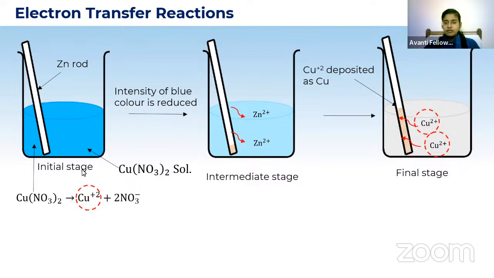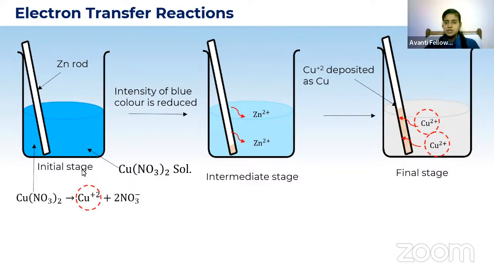By the gain of 2 electrons. Zinc has lost 2 electrons, right? So this Cu2+ inside the solution is gaining those 2 electrons from the zinc, getting converted to copper and getting deposited on the rod.